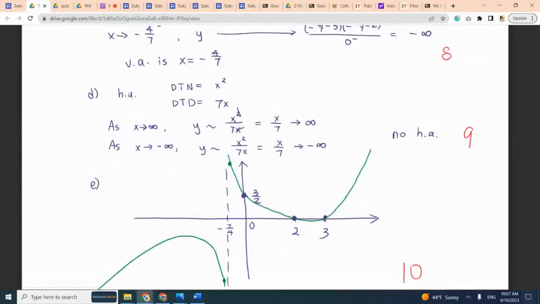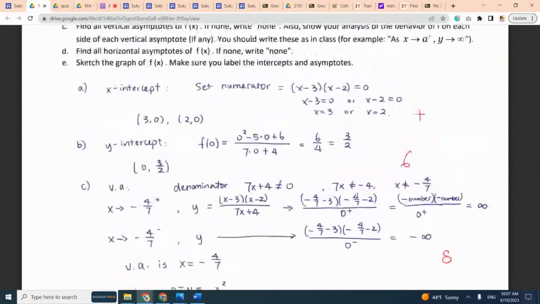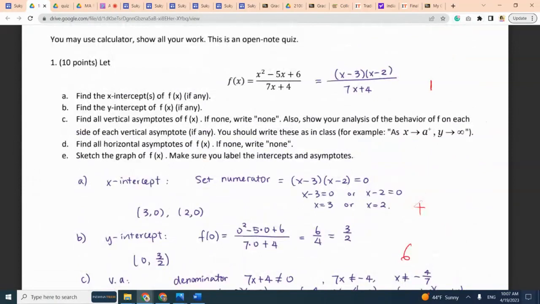And then for horizontal asymptote, you cannot just say none. Why? You have to explain why. So the steps are find the dominant term of the numerator. Which one has the highest power in the numerator? The x squared has the highest power. So the dominant term is x squared.